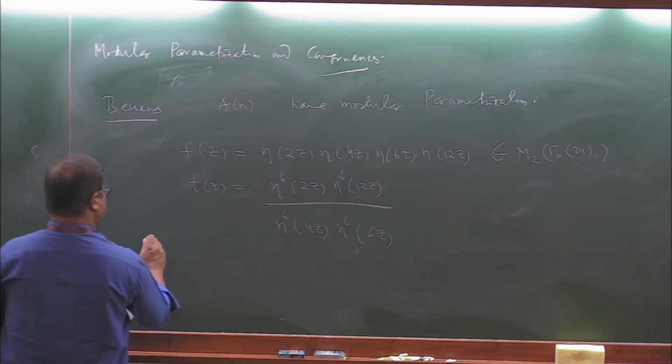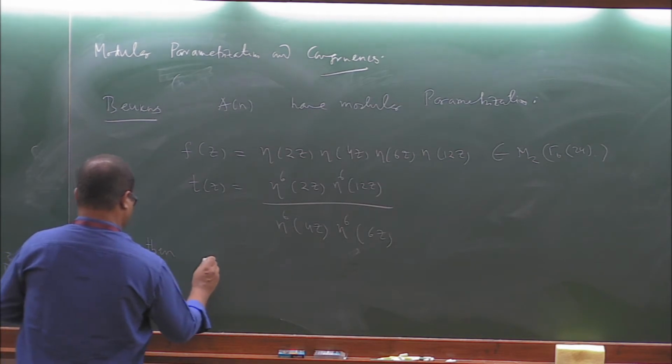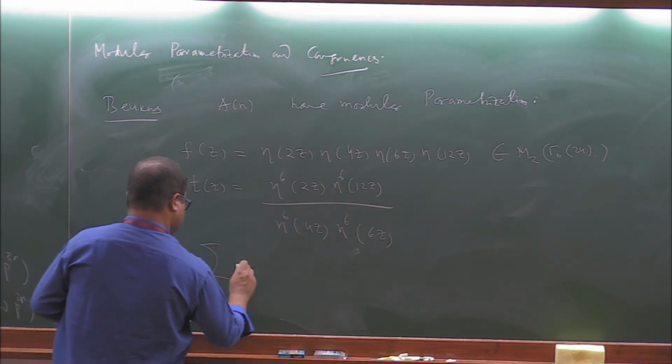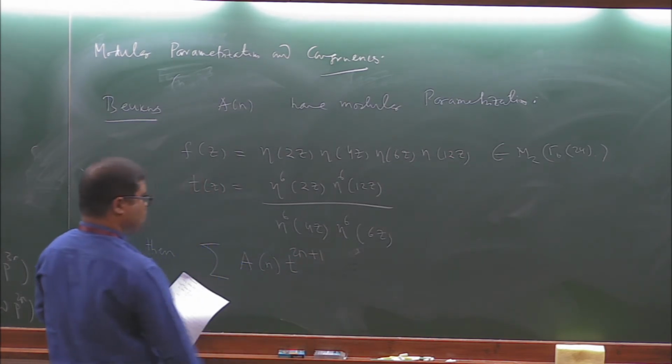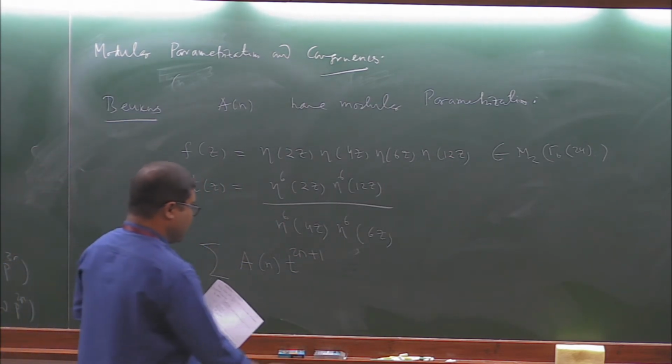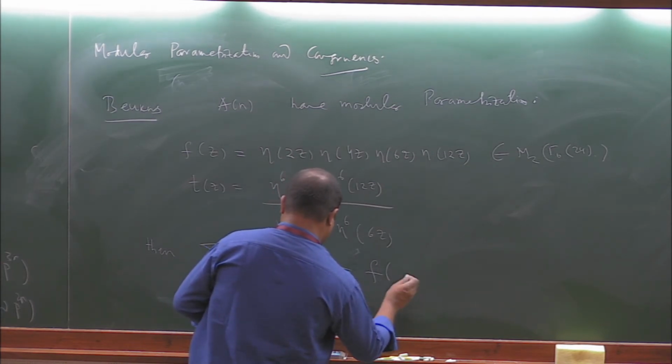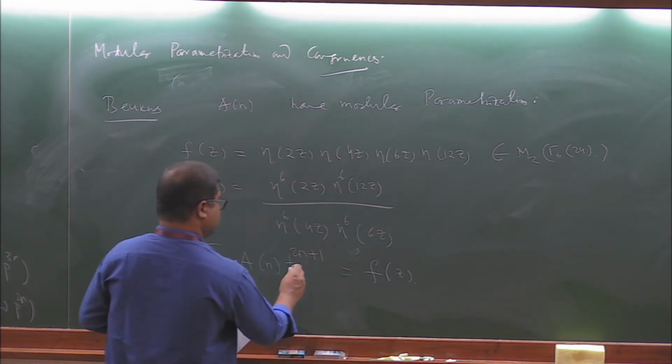Then Beukers proved that if you write the generating function sum of a_n t^n, then you get this f(z), where t is a function of z.